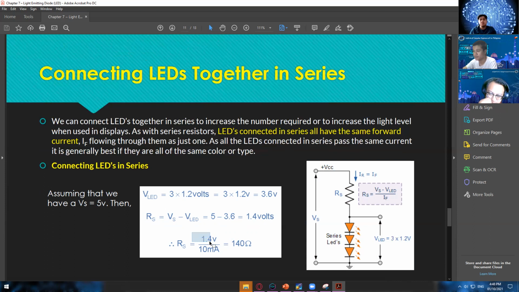After solving the Vs minus VLED, we have 1.4 volts divided by 10 milliamps. So series resistance is 140 ohms, with a current of 10 milliamps.